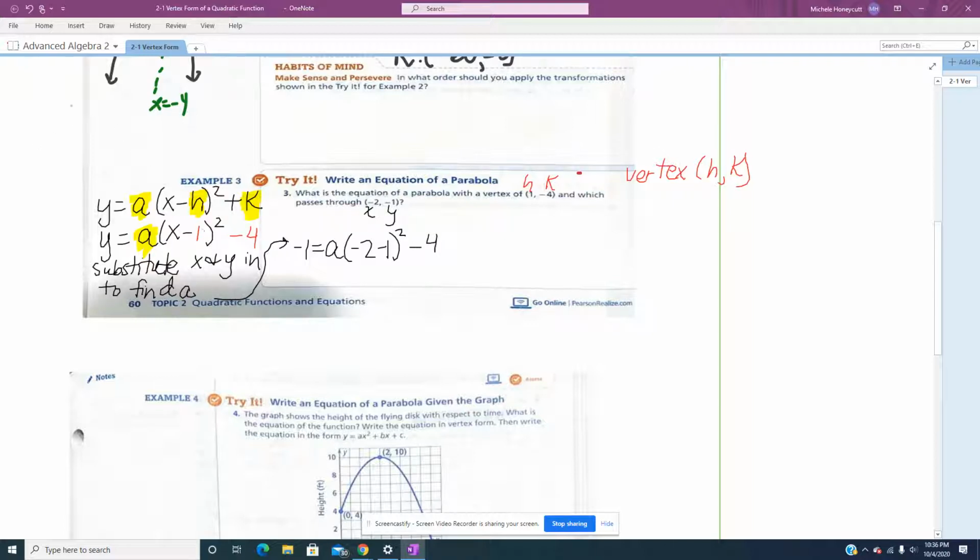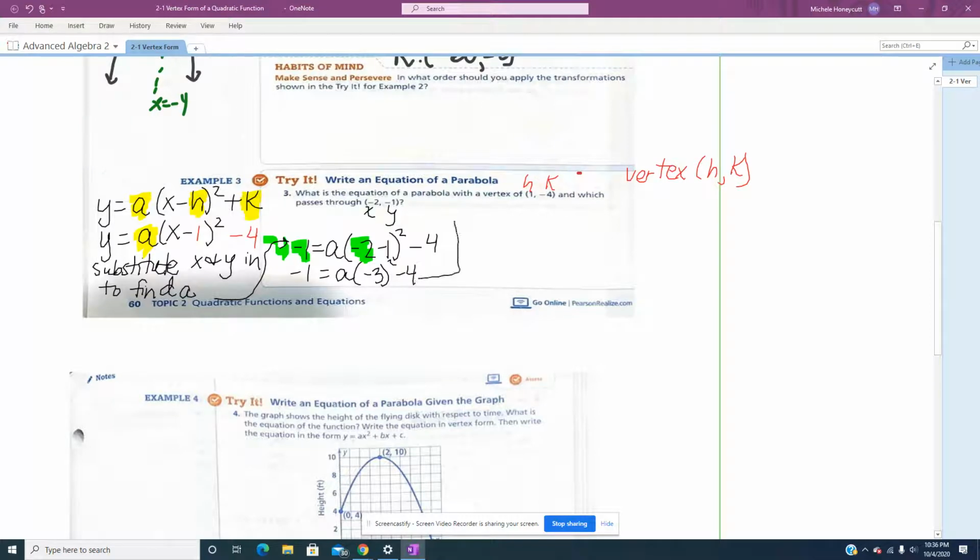So what I've done, let me grab a highlighter, is take what I had here and substitute in the -1 for the y and the -2 for the x, given this information right there. So now we're going to simplify everything that we have. -1 equals a times -3 squared minus 4.